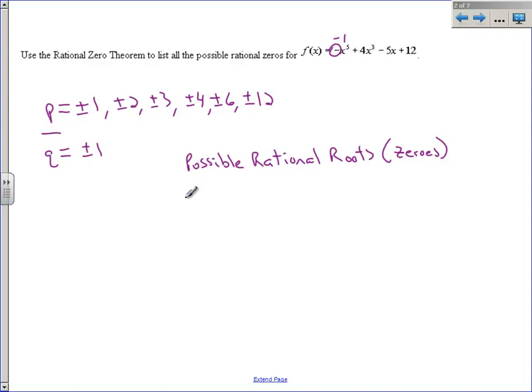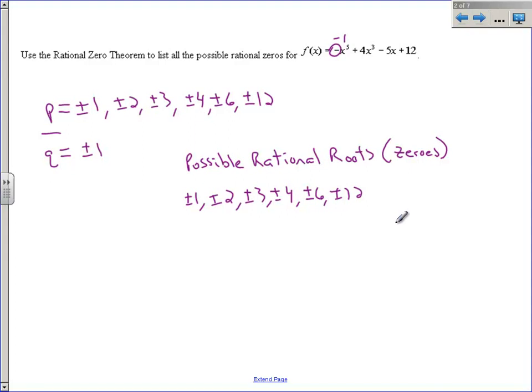So they are plus or minus 1 over 1, which is just 1, plus or minus 2 over 1, which is just 2, plus or minus 3 over 1, plus or minus 4 over 1, plus or minus 6 over 1, and plus or minus 12 over 1. So this gives us 12 possible rational roots.